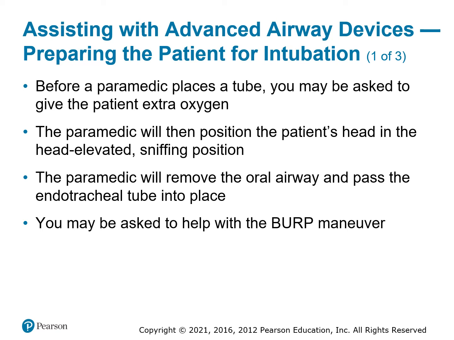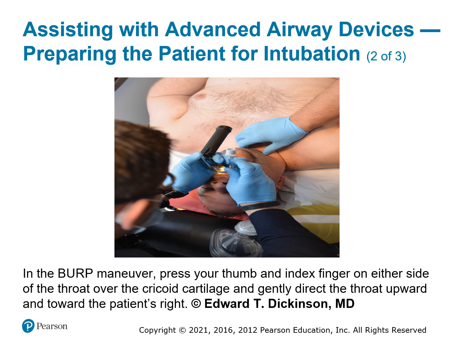But by manipulating the cricoid cartilage, we manipulate the trachea, and that allows the vocal cords to come into better view when the provider is using the laryngoscope to insert that endotracheal tube. Please understand, these endotracheal tubes are used only on patients who have no gag reflex and are unconscious.